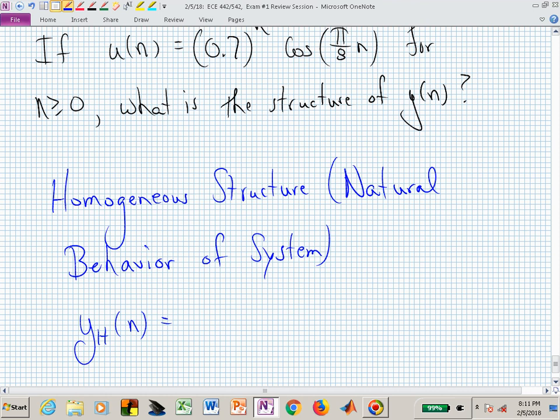You now know that naturally, if you just walked up and gave this a bump, basically initialized it, and watched it move or respond, that would be its natural response, its initial condition response. You now know that it would look like some coefficient alpha sub 1 times 0.5 to the n plus some other coefficient alpha sub 2 times 0.9 to the n for n greater than or equal to 0.